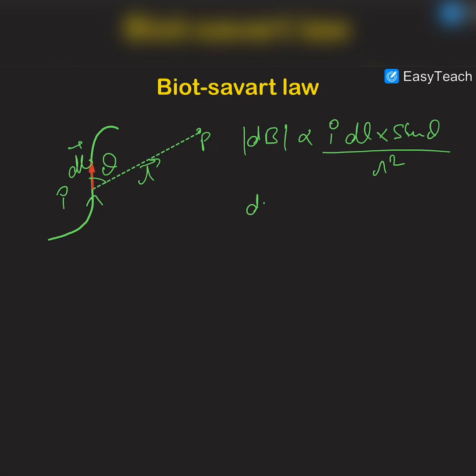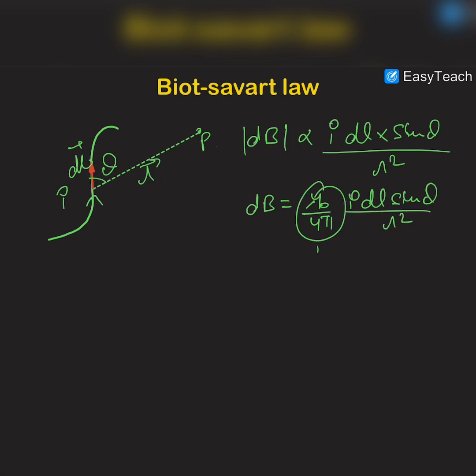When we eliminate this proportionality sign, a constant will appear, which is mu naught by 4 pi, and I dl sine theta upon r square.